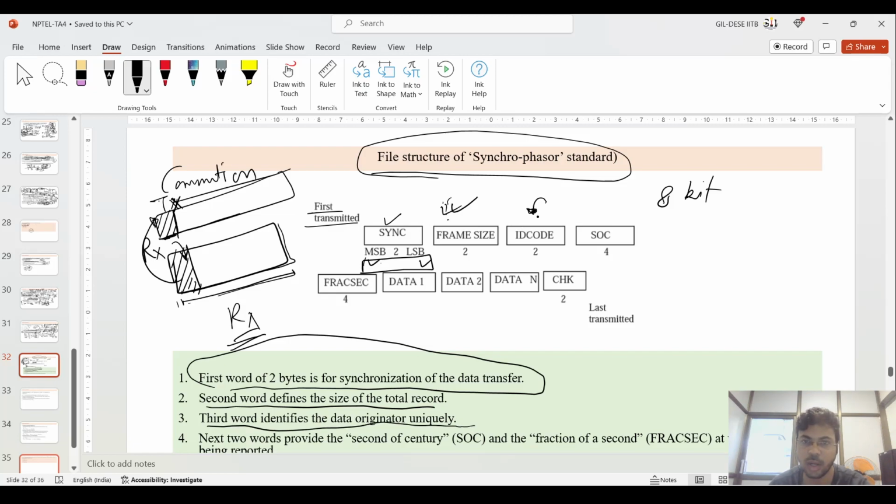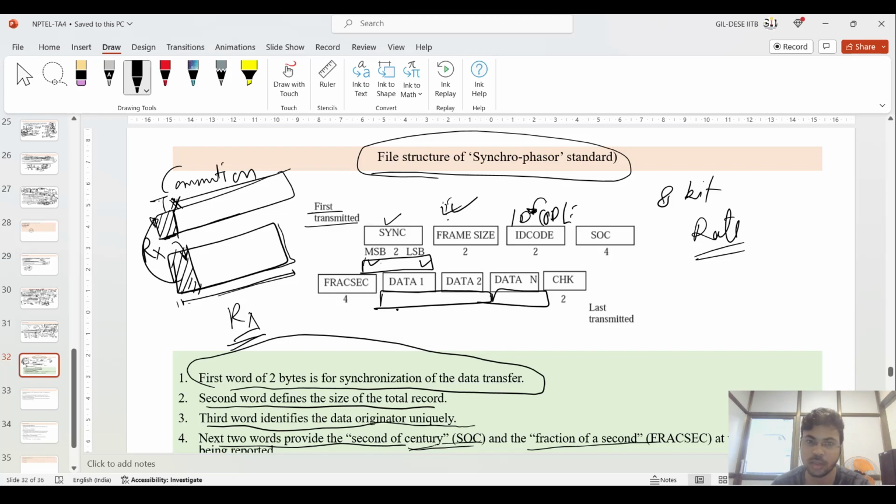And the third word identifies the data originator uniquely, meaning from where the data originally came, that is the ID code. In the next step, the next 2 words provide the second of century, and the fraction of the second, meaning the rate at which the data is being transferred.